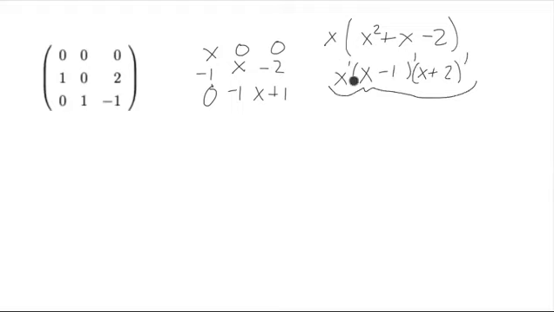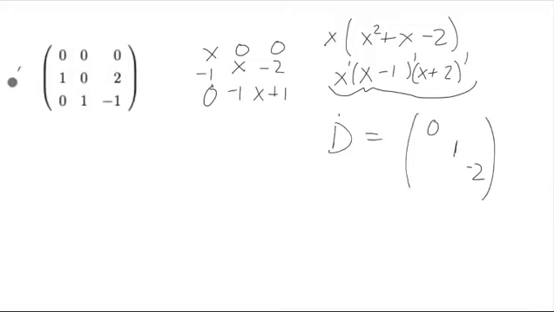So this is the minimal polynomial. Now this also tells us what the eigenvalues are, what makes each factor equal to 0. So we have an eigenvalue of 0, and I'll put this in a diagonal matrix. We have 0 right here, and from this one we have 1, and from this over here we have -2.